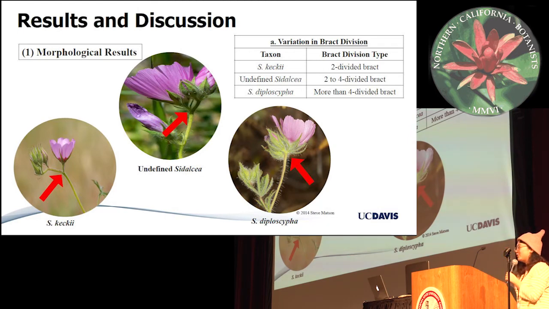We did find some very interesting morphological variation between those undefined Sidalcea and the other 2 species. First, we found variation in bract division. As you can see from the pictures, I hope, the bracts in undefined Sidalcea are usually more divided than in the true Sidalcea in the southern Sierra Nevada foothills, but less divided than in Sidalcea diplocypha.